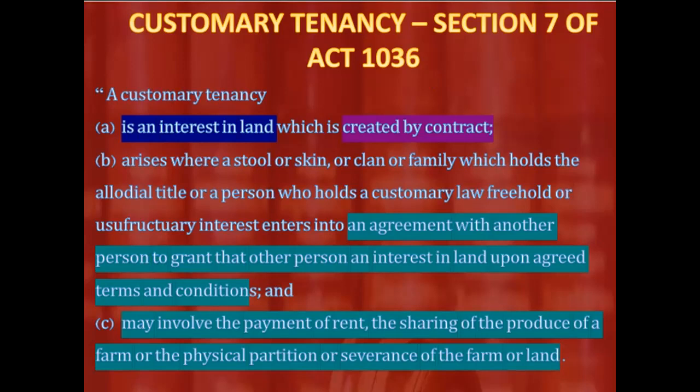He plants the land, and then when the produce is ready, then the landlord or the landowner will be given 1/3 of a share in the produce of the farm or the proceeds realized from the sale or produce of the farm.